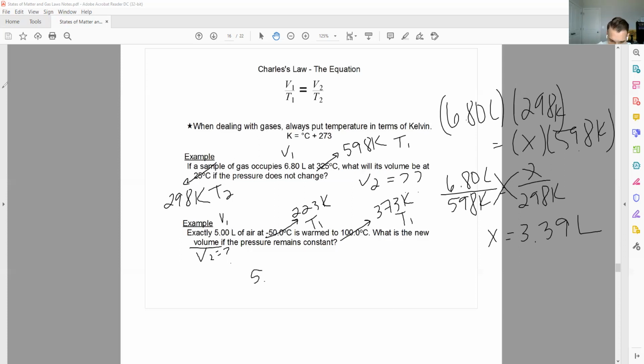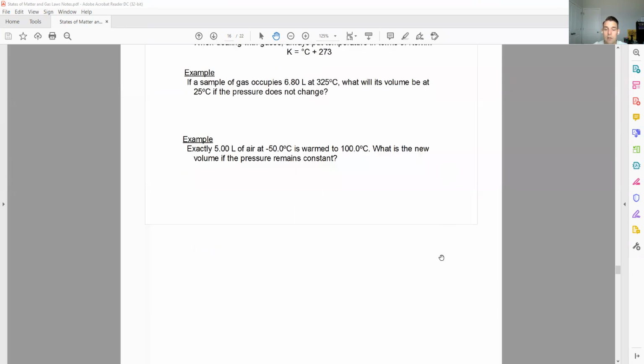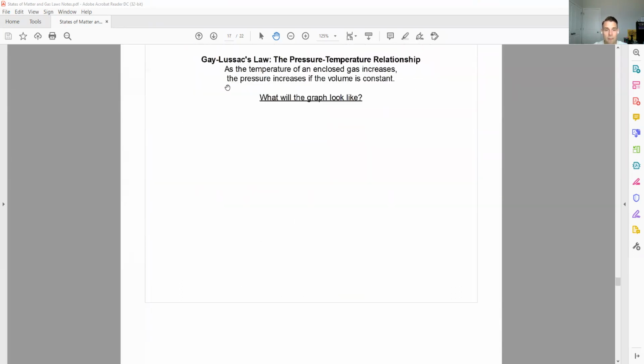So again, same thing, 5.00 liters over 223 Kelvin is going to be equal to X over 373 Kelvin. And you do that math, 8.36 liters. Pretty simple. Again, as long as you know what the equation is, are able to plug in that information, not a big deal. Of course, Kelvin only.